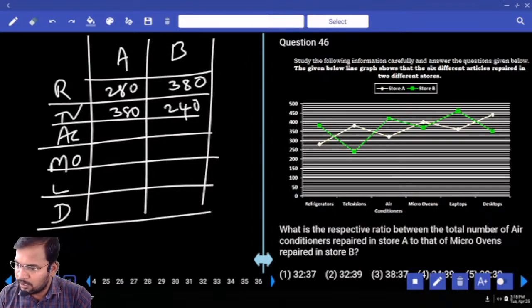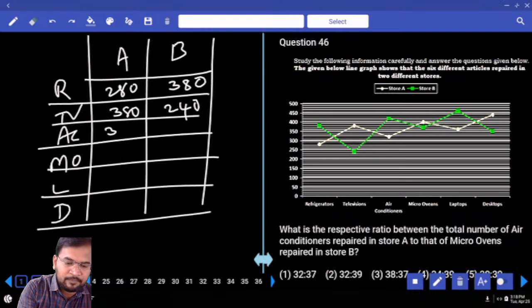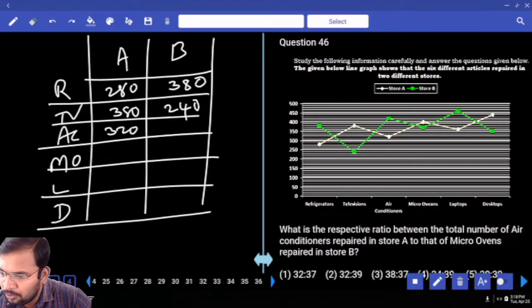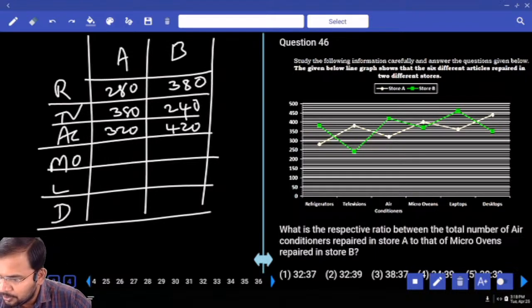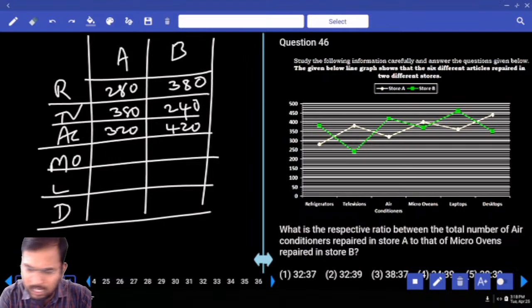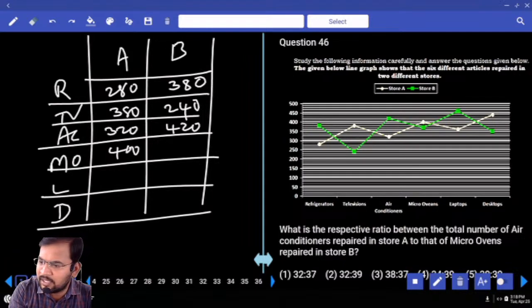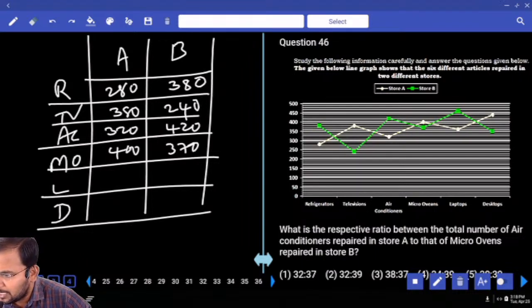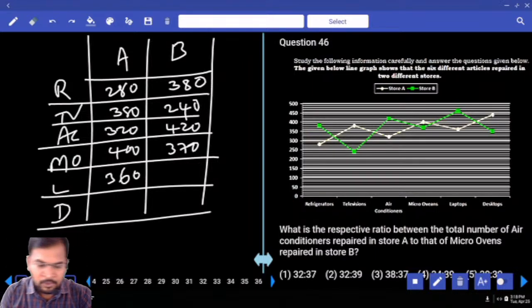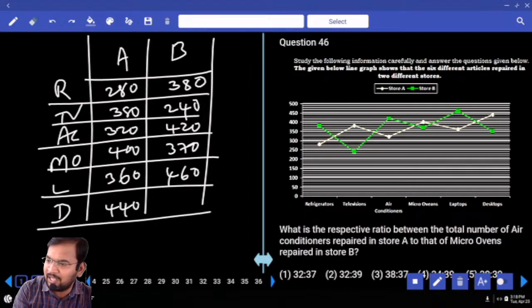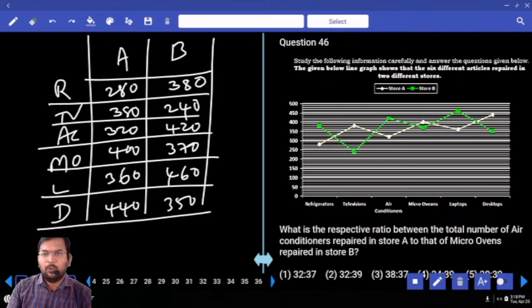Next, air conditioners: 320, 420. Next, microwave ovens: 400, 370. Sure? Next laptops: 360. Very good. Next, 440, 350. Once you fill it, the questions are very fast.